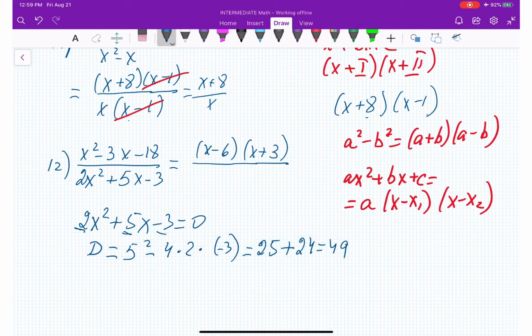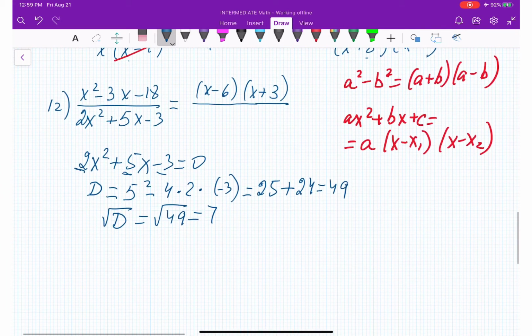So the square root of D, the discriminant, is equal to the square root of 49, which is equal to 7. Next, x1 and x2. x1 is equal to negative b. If my b is 5, negative b will be negative 5, plus 7 over 2a, 2 times 2.